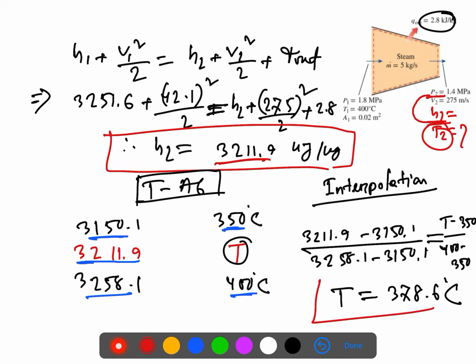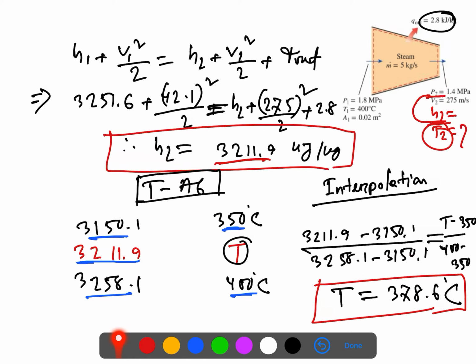So what we got, guys, is the exit temperature. It took some time, but it is not a complex problem. It is a very easy problem. Here we just used the energy balance equation and calculated the enthalpy. When we know the enthalpy and the pressure, we use those two properties, and from table A6 we did some interpolation and got the final temperature.